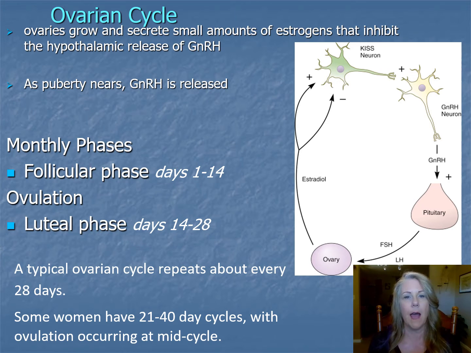All right, so this happens once they hit puberty. We're going through this ovarian cycle. For women, I said that throughout their lifetime, they can ovulate about 450 eggs or oocytes, up until a certain point. That certain point we call menopause.